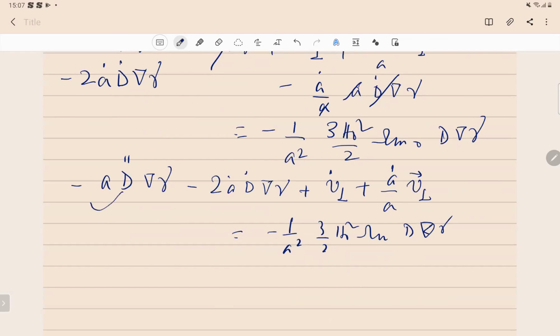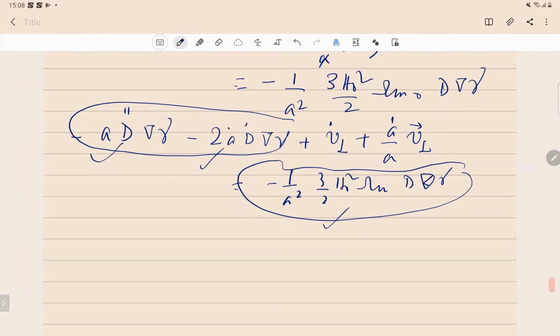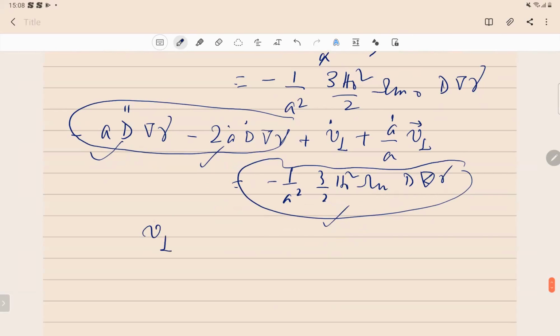So this term and this term cancel altogether because that's basically the equation for d, and you divide it by a, you just get that, right? So that's the exact same equation for d. So this term cancels with these two terms together, and then you are left with this very important result: v perpendicular dot plus a dot by a v perpendicular is 0.